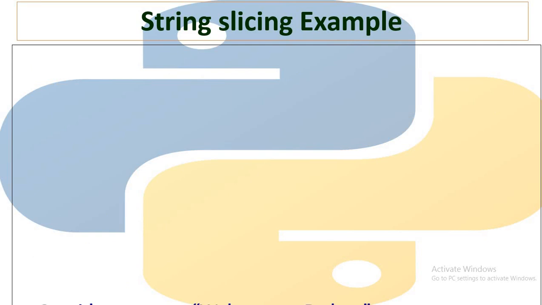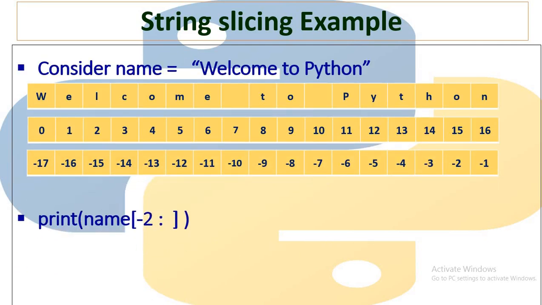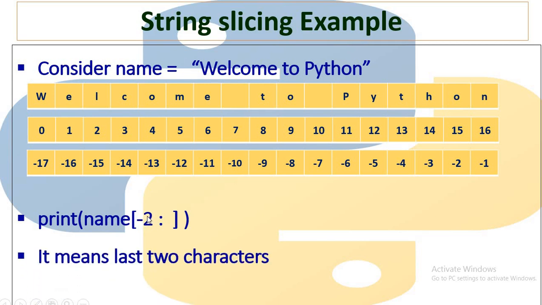Okay. So now we will have some examples with the negative indexing. So here again print name. The starting position is given -2, so minus means negative indexing.